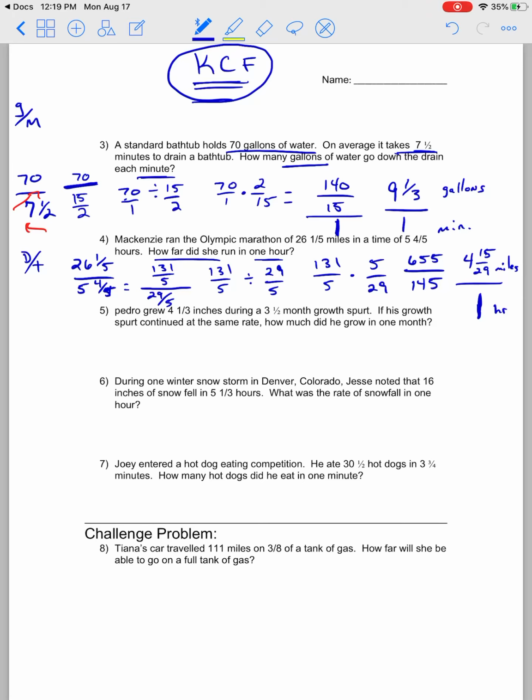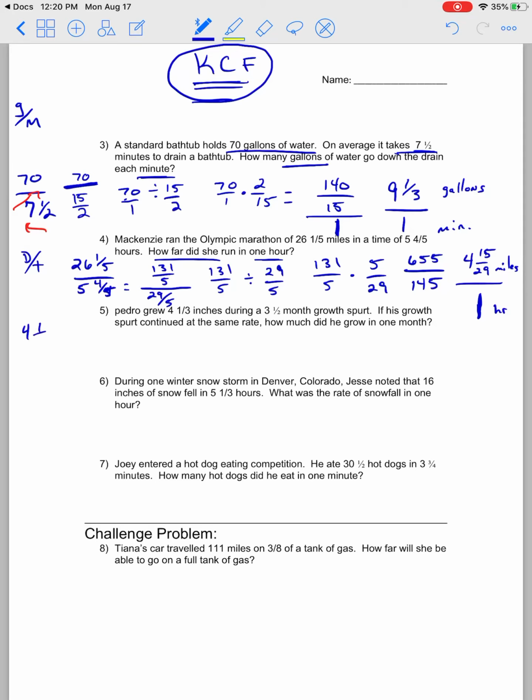Okay, Pedro grew 4 1/3 inches during a 3.5 month growth spurt. If his growth spurt continues at the same rate, how much did he grow in 1 month? If he grew consistently over those 3.5 months, what was the rate per month?